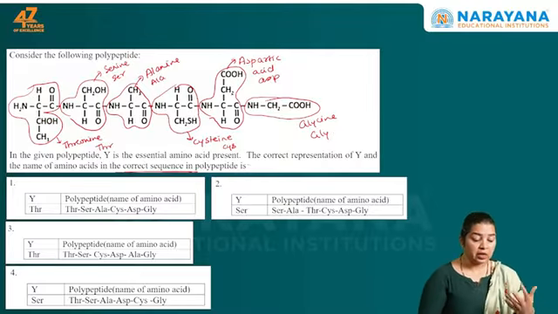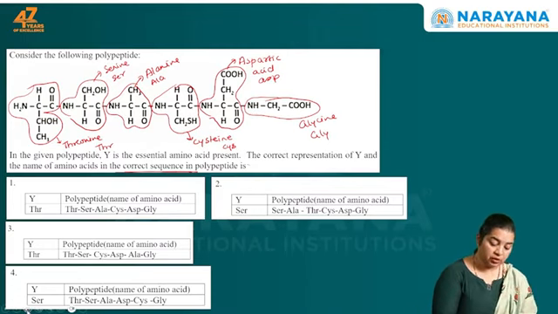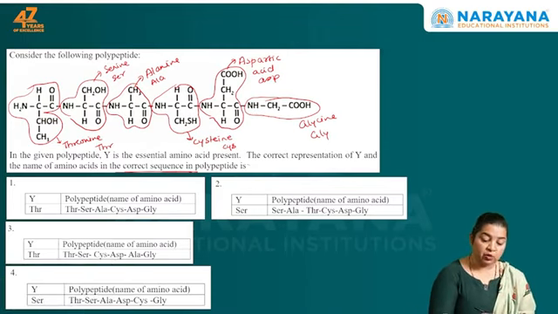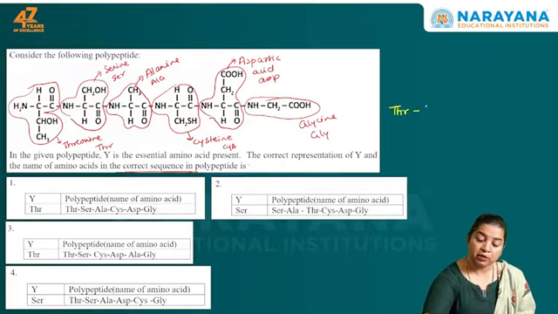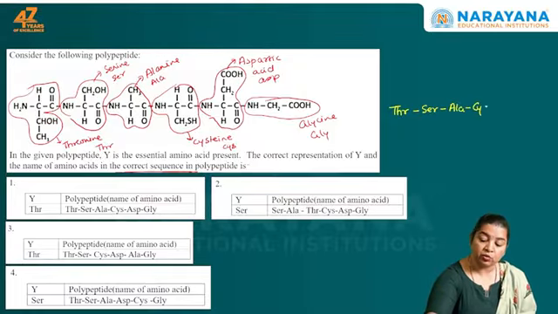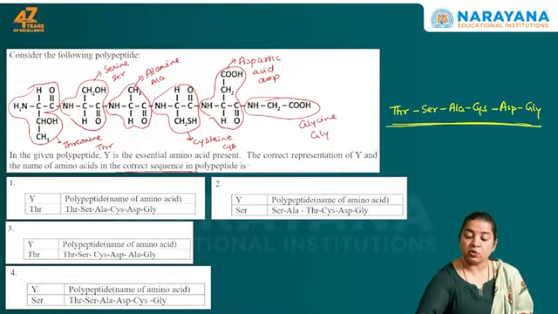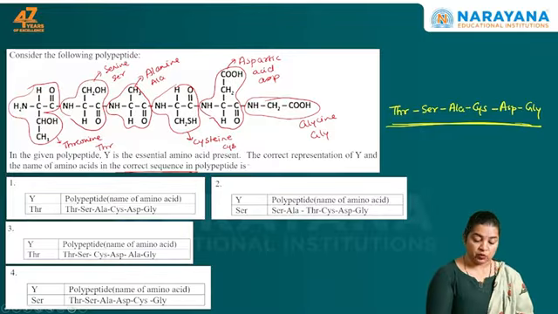Now, let us go to the options, in the given polypeptide chain. What we are looking for now is threonine bonded to serine, then to alanine, then to cysteine, then to aspartic acid, then to glycine.